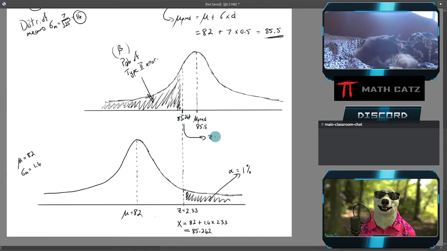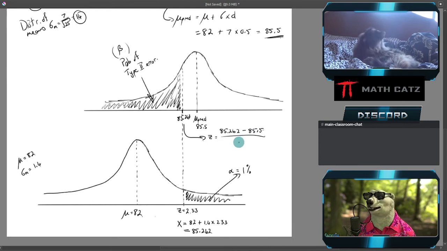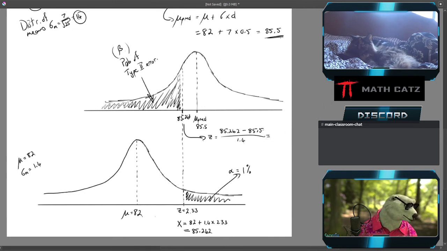So the z-score here is 85.262 minus the mean 85.5, over, of course, sigma m, the standard deviation for this distribution, still the distribution of means, just centered more correctly.